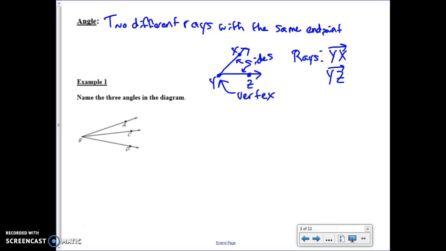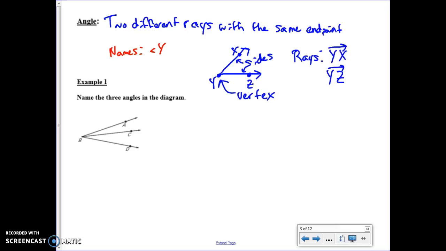We can name this angle in three different ways. We can name it angle Y, just name it by the vertex. Or we can name it with all three letters that we see there. So to do that, we're going to travel around the angle.